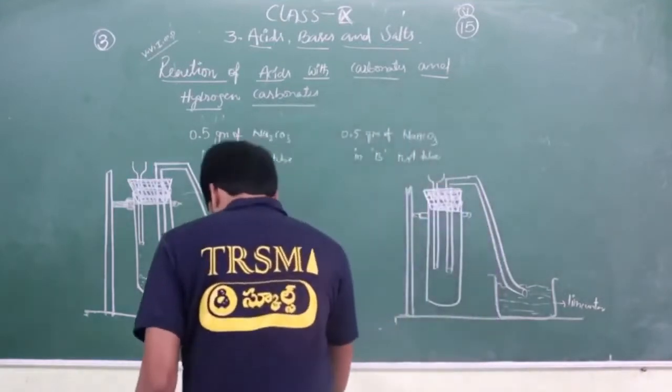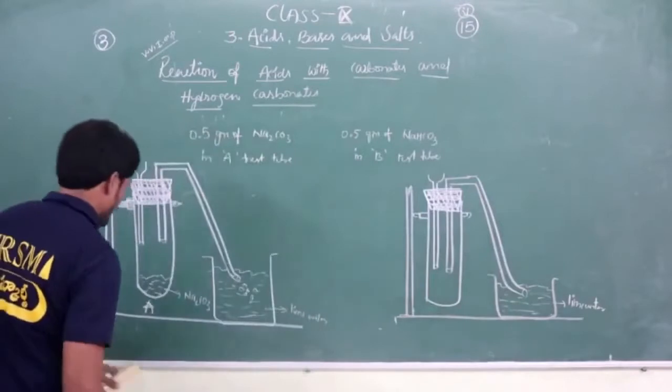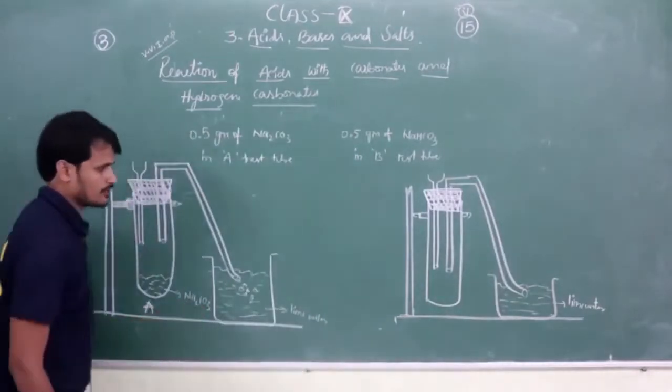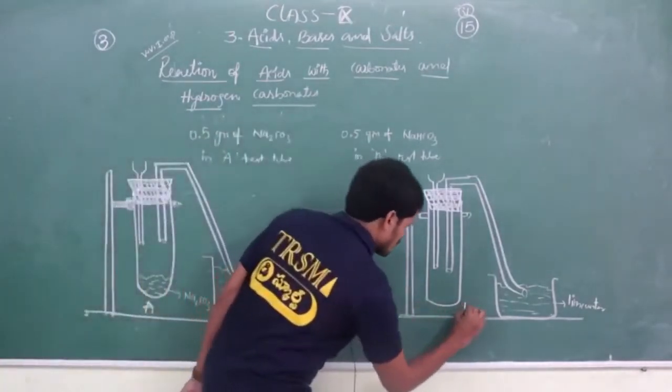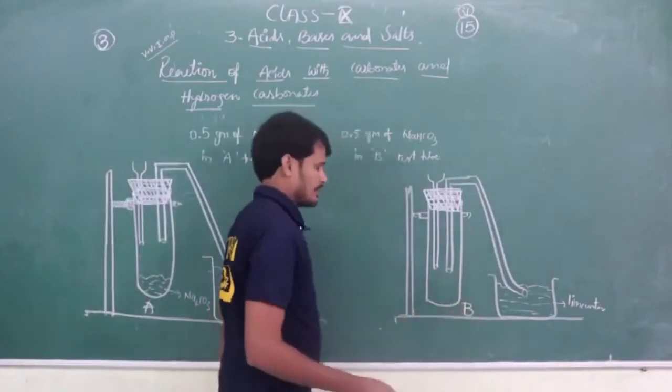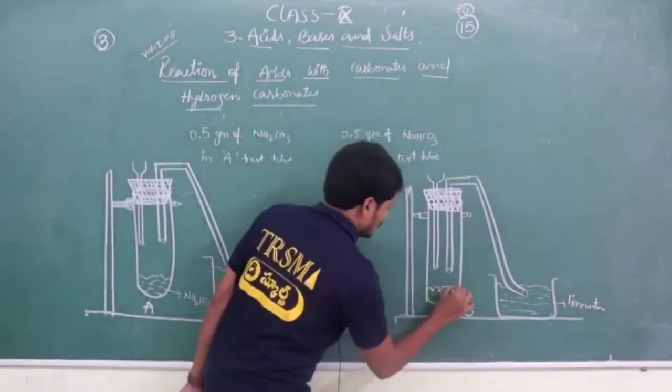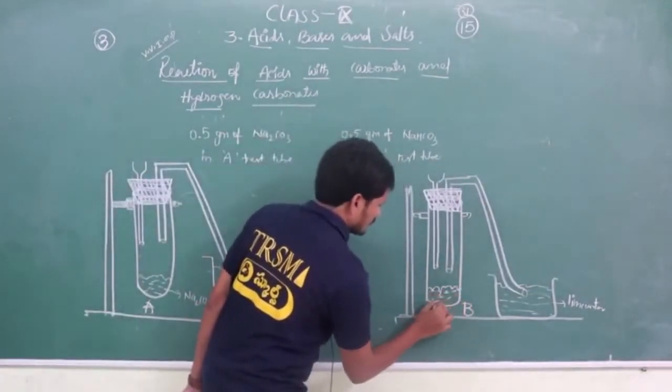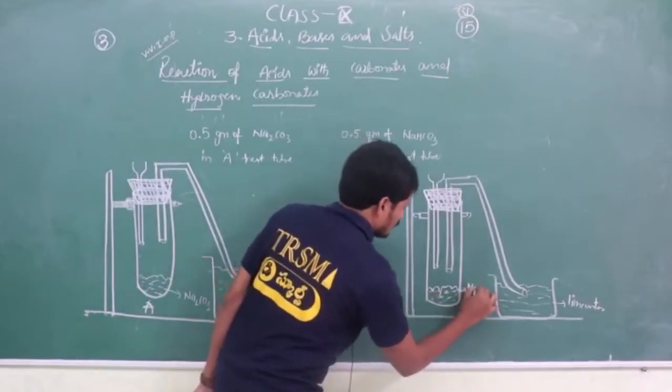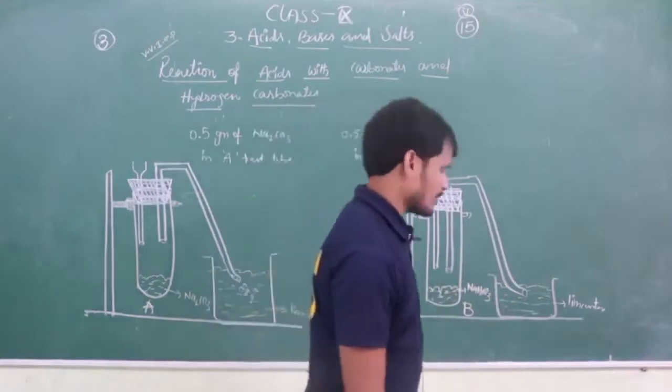In test tube A, I have taken Na2CO3, and in test tube B, I am taking sodium hydrogen carbonate, NaHCO3. Now our arrangement is completed.